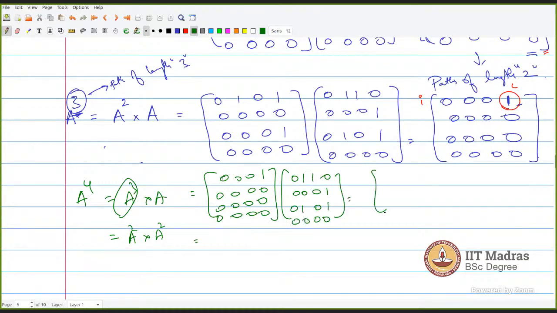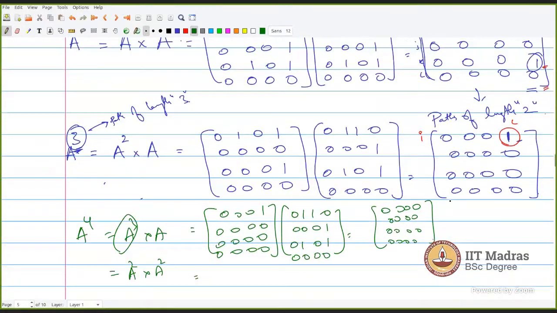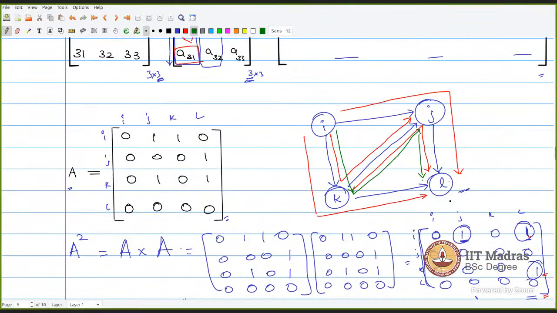So if I compute this, I will get everything zeros. Correct. Once you get everything zeros, that tells you there are no paths of length 4 in your graph, and that is correct. If you have only 4 vertices, the maximum path I can have is of length 3. I cannot have a path of length 4.